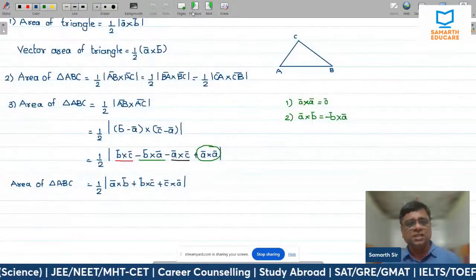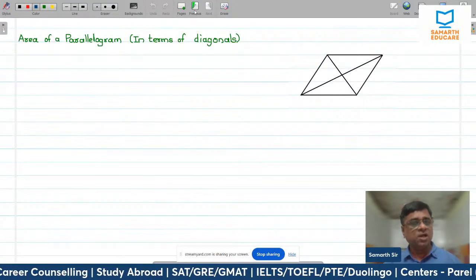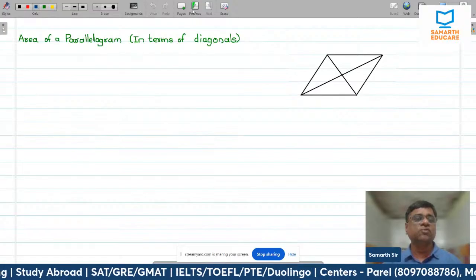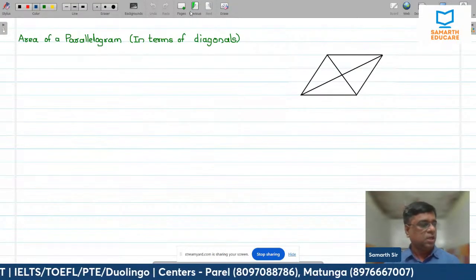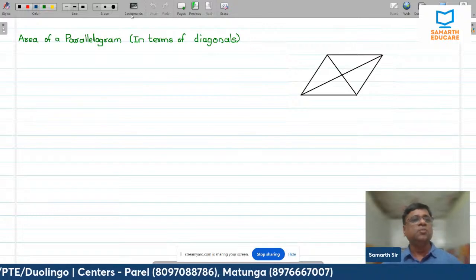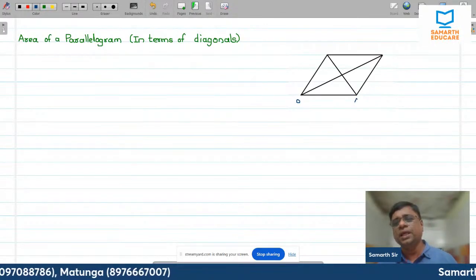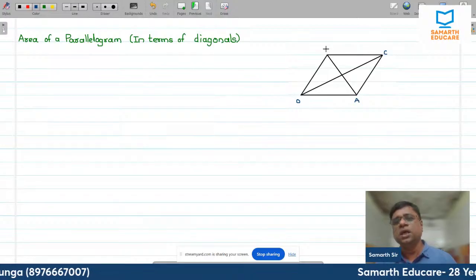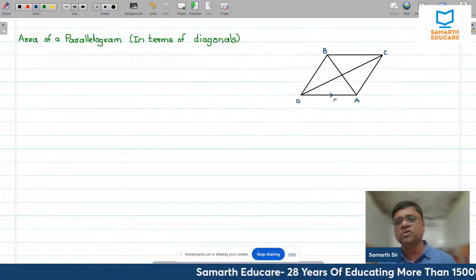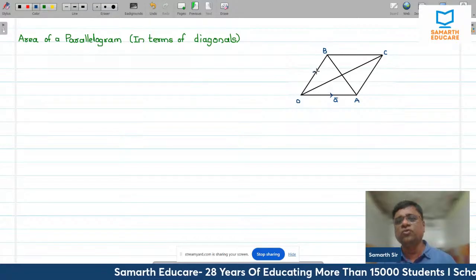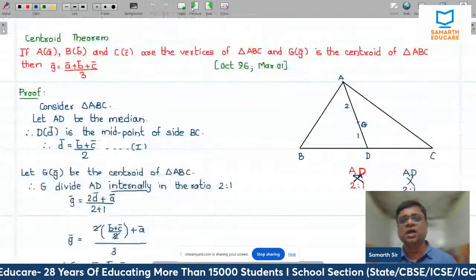Now, let's come to the last part, that is area of parallelogram again, but in terms of diagonals, which we are going to discuss. Now let me label this parallelogram as O, A, C, and B. So you remember we did this in the first proof of today. If you compare this, it is the same diagram I'm using.